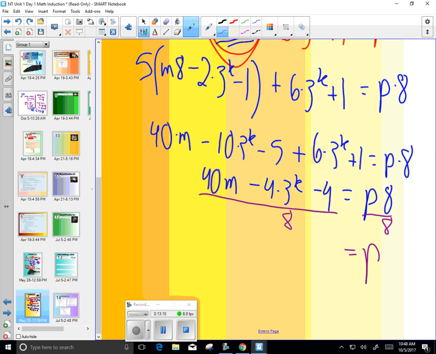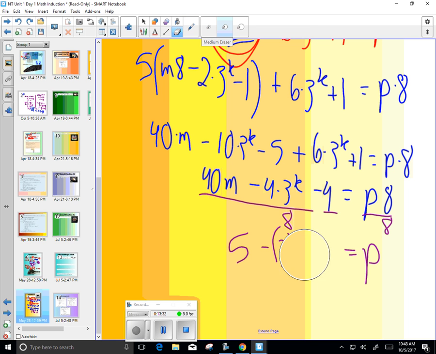And so p is going to be 5 minus, what is that, 3 to the k plus 1 over 2.